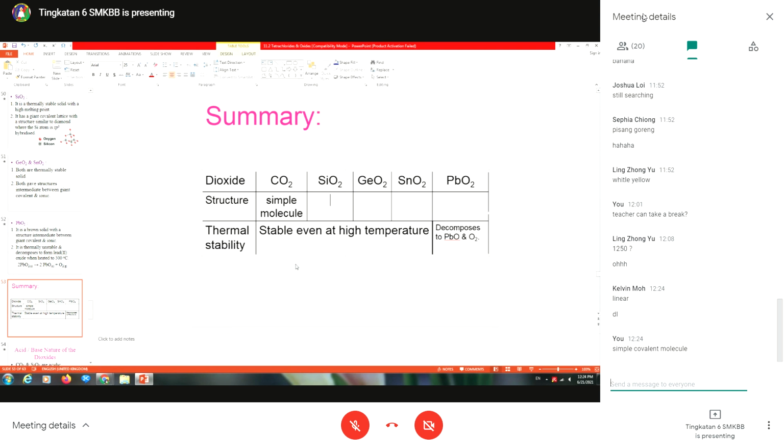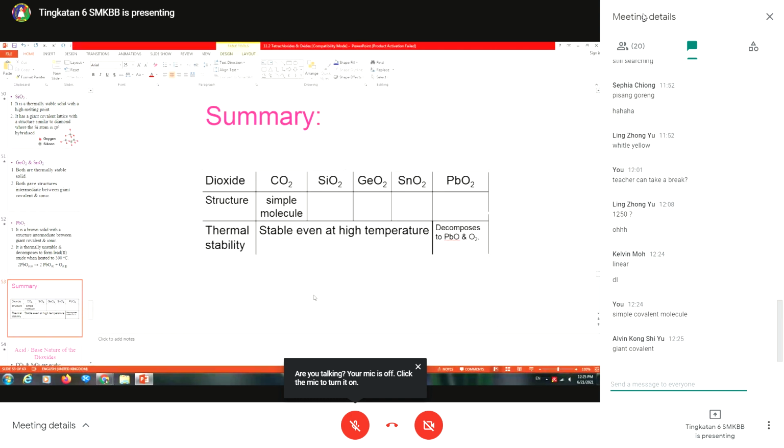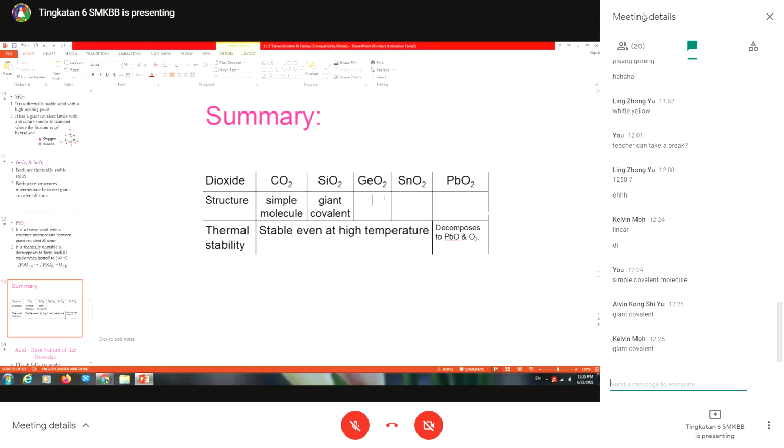Okay. How about SiO2? What's the structure? Silicon oxide, that's it. This one is giant covalent. Now, how about GeO2? Giant covalent?